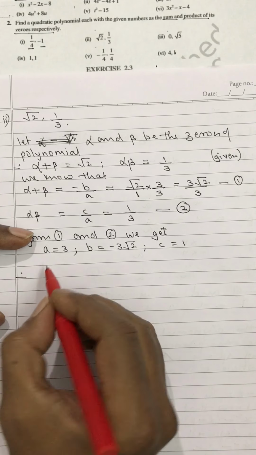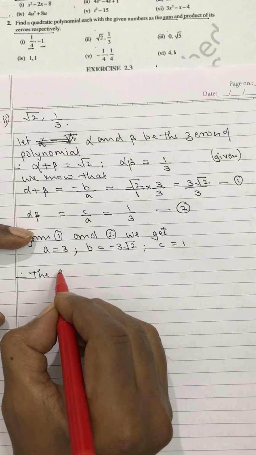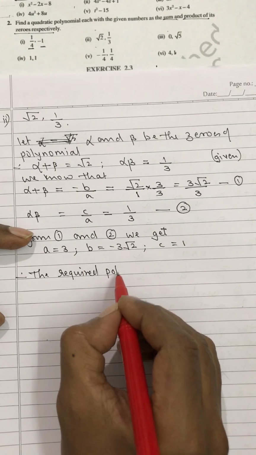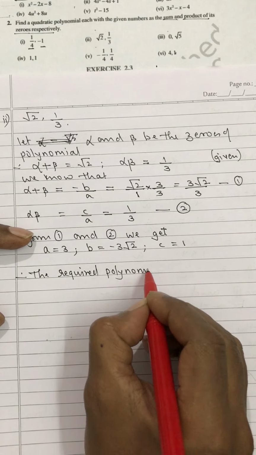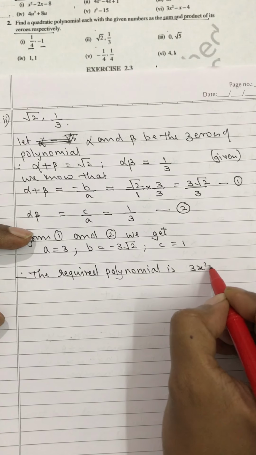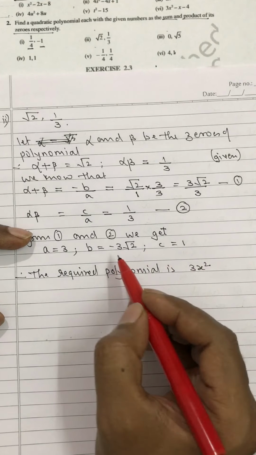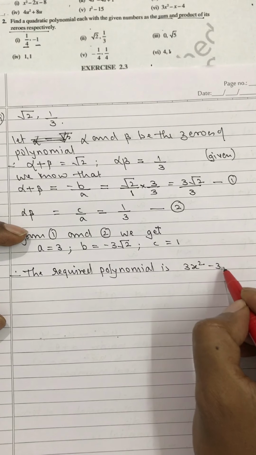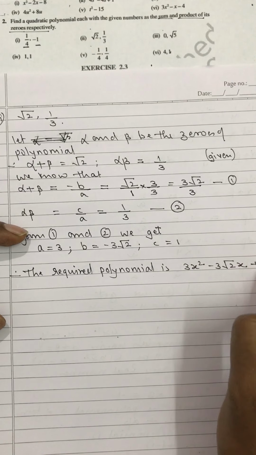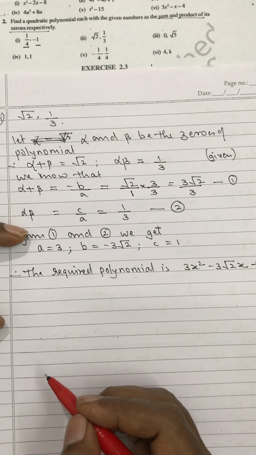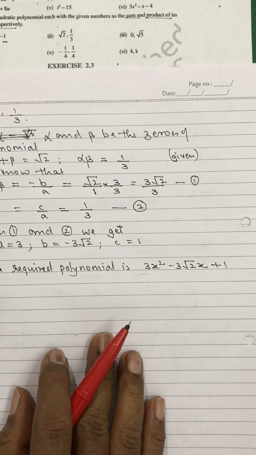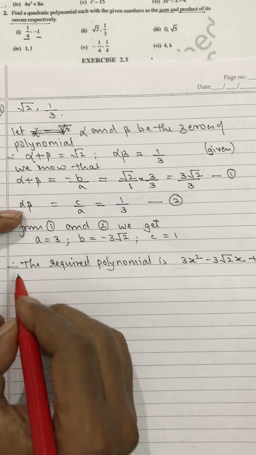Therefore, the polynomial will be 3x square minus 3 root 2 x plus 1, and now you will tell the same thing.